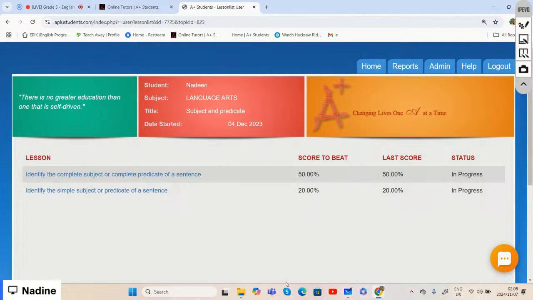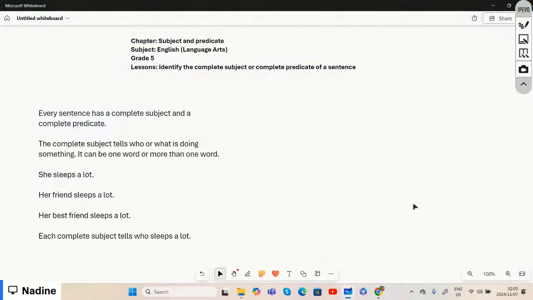All right. So our chapter is subject and predicate. Our subject is English Language Arts. We're doing grade 5.